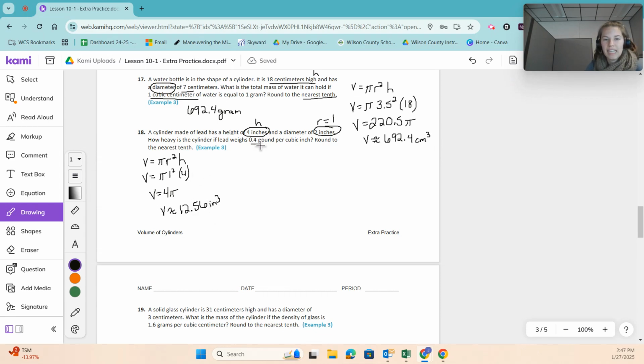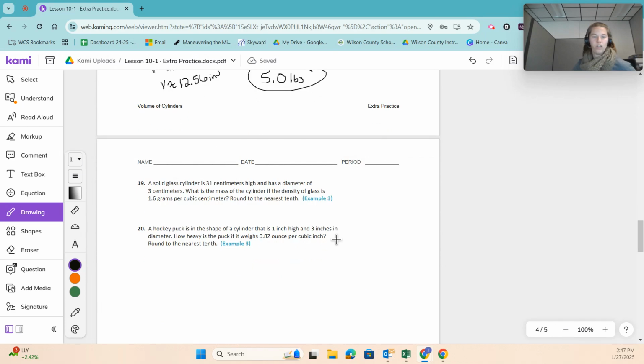Okay. And again, if it weighs 0.4 pounds, we're going to take this amount, 12.56 times 0.4 for my pounds, and that means the weight is going to be about 5.024, and they do say round to the nearest tenth, so it's 5.0 pounds is going to be the weight of that cylinder. Okay, there are two more that you can try just like that.